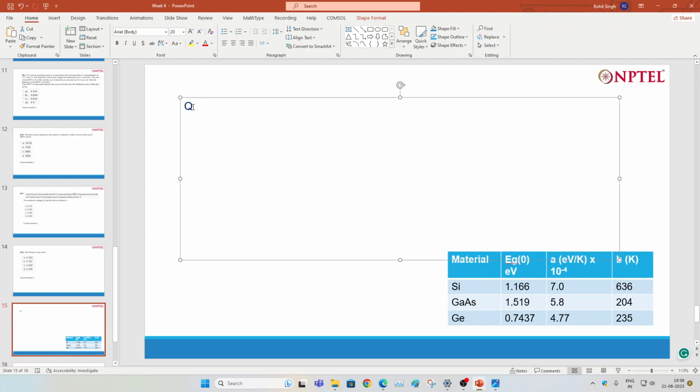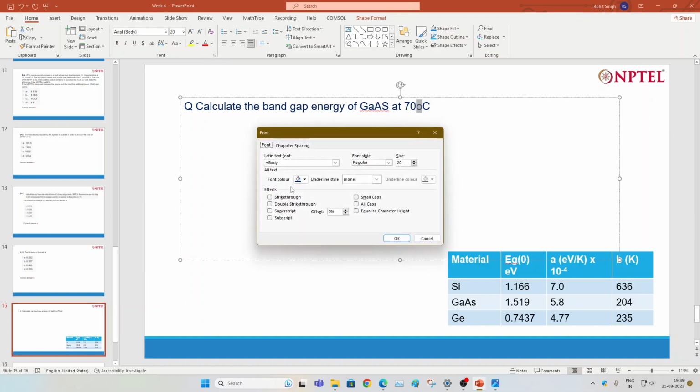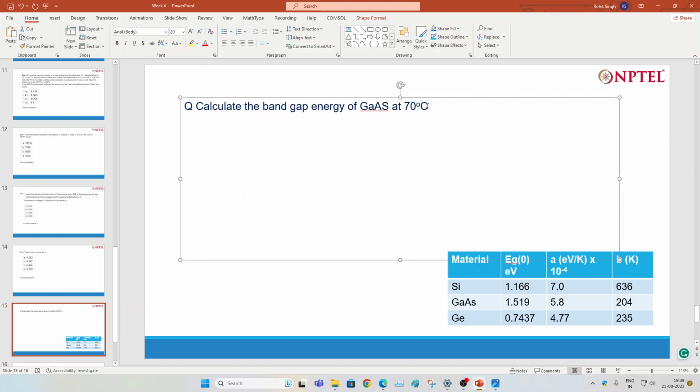Now I want to ask you guys, calculate the band gap energy of gallium arsenide at 70 degrees C. Do you need the formula also?